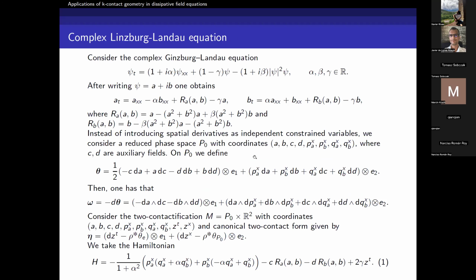For this Hamiltonian, it can be guessed that the Hamiltonian may look like this. The next one will be a complex Ginzburg-Landau equation. Of course, we can split it into two equations by writing the imaginary part and the real part. We have two equations. We can define something like this.